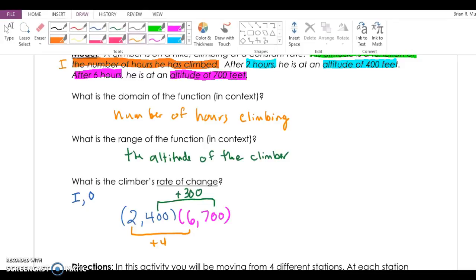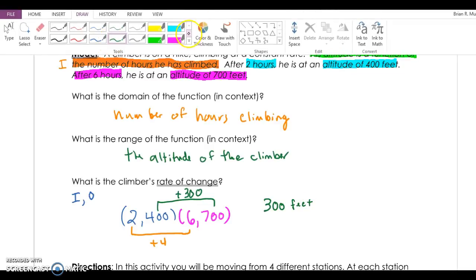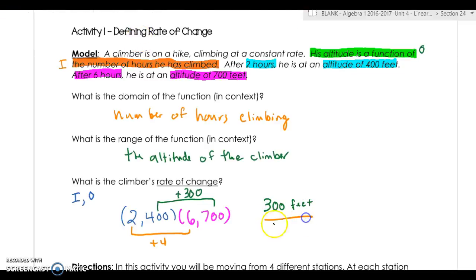And I'm going to go ahead and put units in there as well, just to be mathematically correct. So we know that we had 400 feet to 700 feet. That is a 300-foot increase. And the 4 represents the number of hours. And then we'll go ahead and simplify that. So when we take 300 divided by 4, that's going to give us 75 feet per hour. And so that's the rate at which he's climbing the mountain.